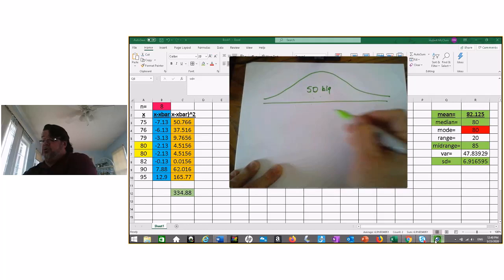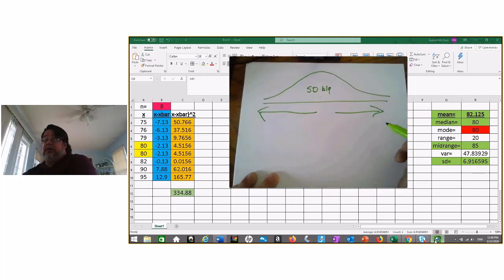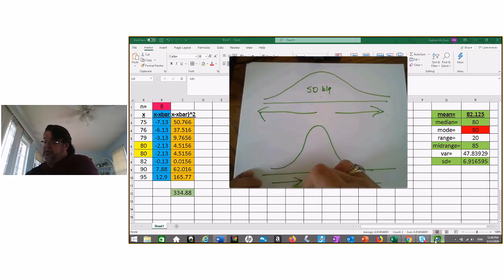Your curve is going to be spread out. If your standard deviation is small, then your curve is going to be compressed.